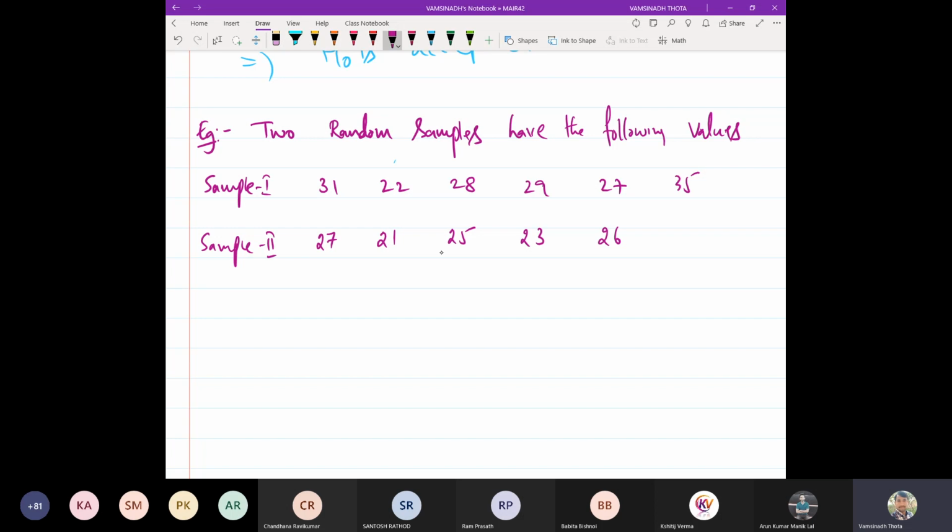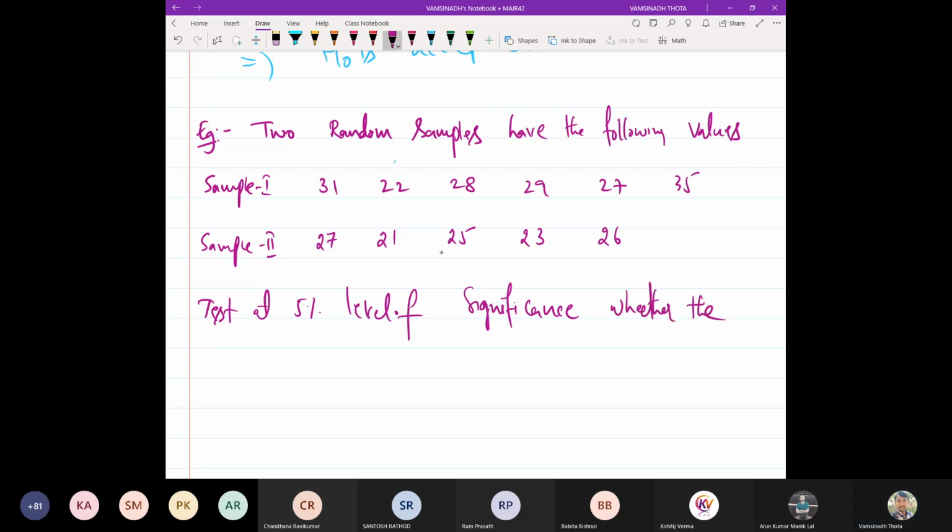Now the question is: test at 5% level of significance whether the two samples come from the same population.